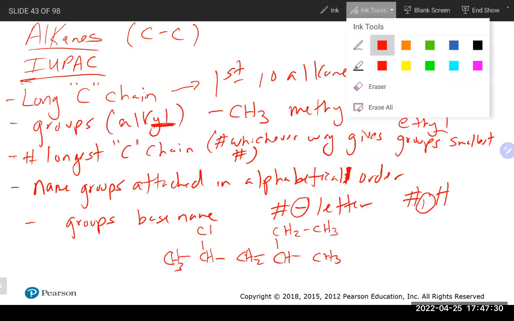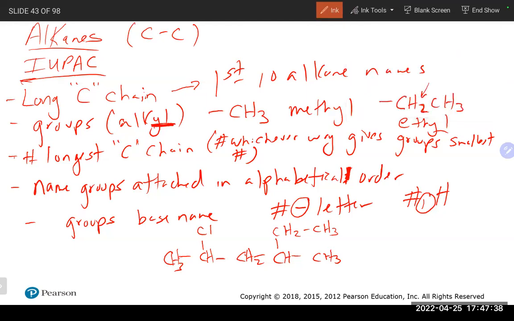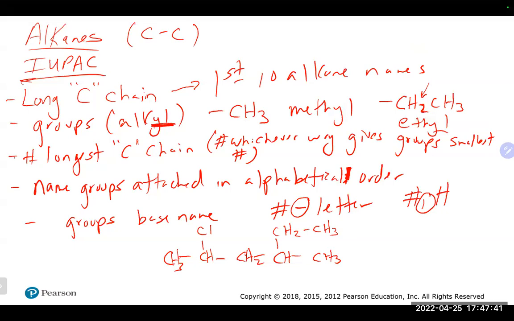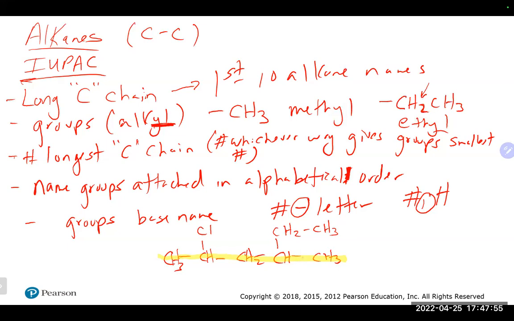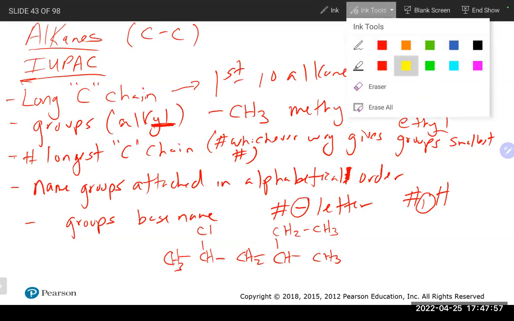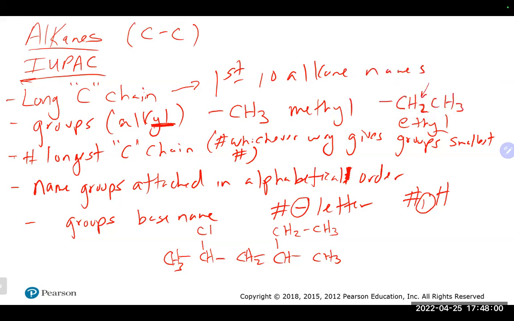First off, we want to think about the longest carbon chain. If we went straight across, we would have 1, 2, 3, 4, 5, so that's 5. If we went straight across and then up, that is 1, 2, 3, 4, 5, and 6, which is obviously more than 5.